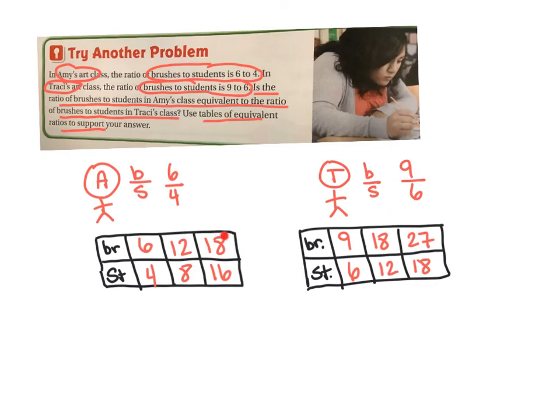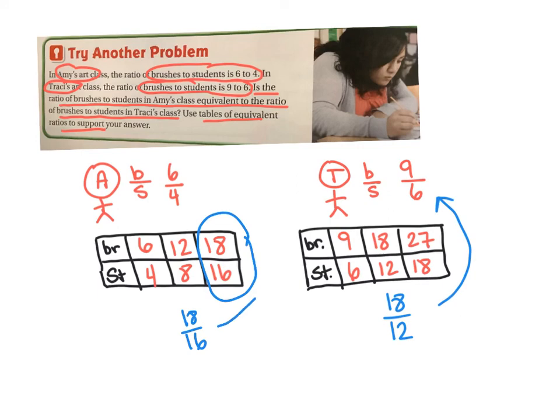And if they're equivalent, then whatever this is, it will be the same down here. And oh no, it's not. So an 18 to 16 ratio, which is equivalent to a 6 to 4 ratio, is not equivalent to an 18 to 12 ratio, which is equivalent to a 9 to 6 ratio.